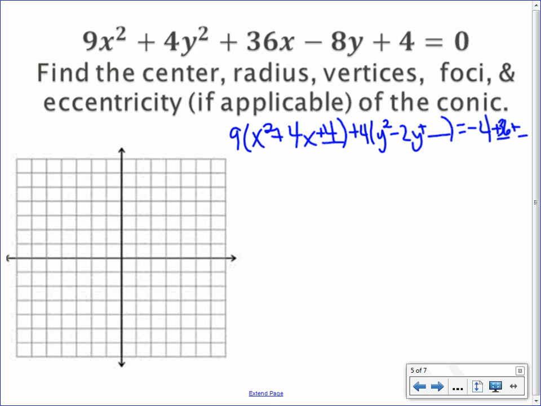Okay. What completes the square here? 1, which is really 4, so what we have is 9 times (x plus 2) quantity squared, plus 4 times (y minus 1) quantity squared, equals 36.